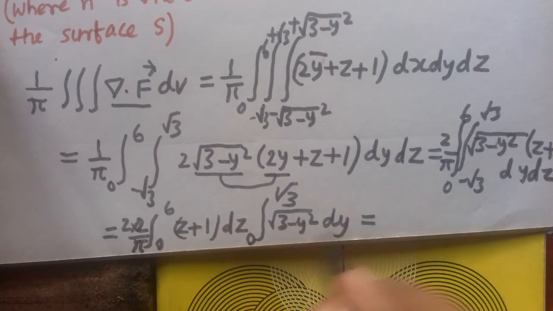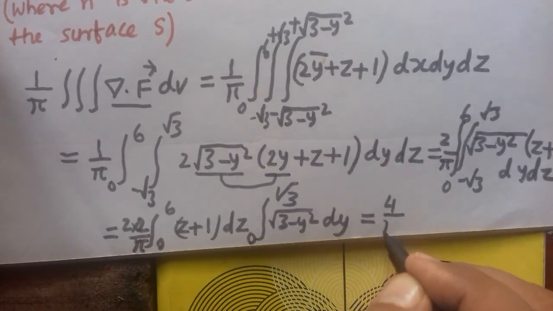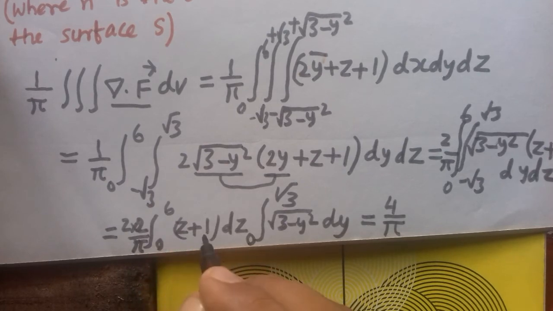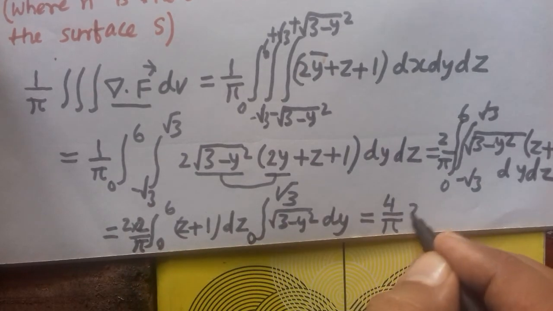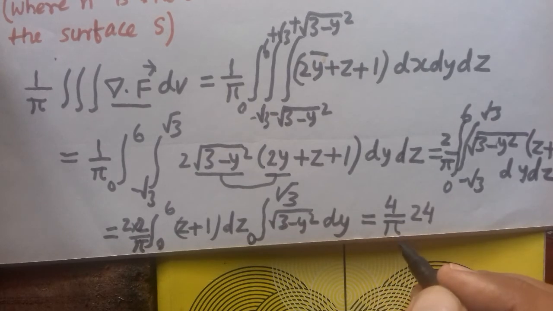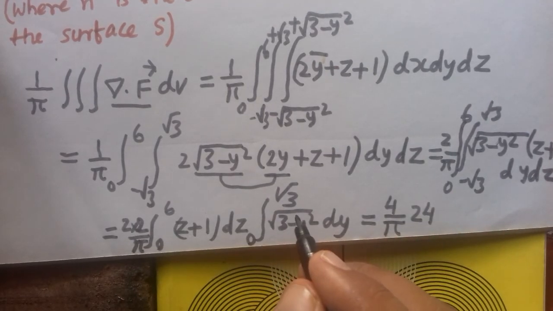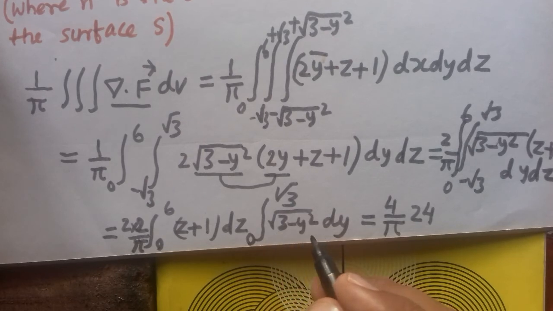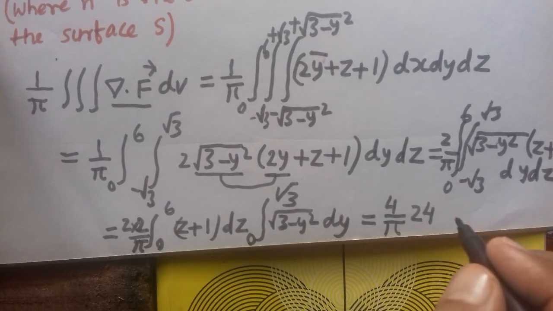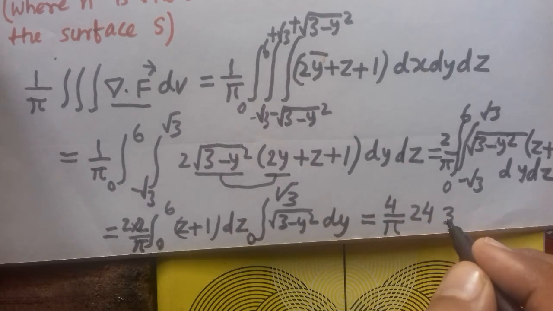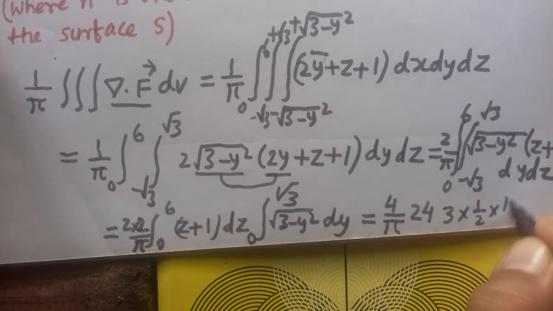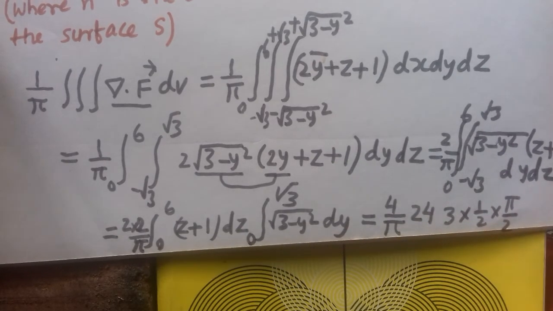You see that here 4 by pi, and the integration of z plus 1 dz from 0 to 6 will be 24, and the integration of root of 3 minus y square dy from 0 to root 3 will be 3 into 1 by 2 into pi by 2. You can evaluate, very simple.